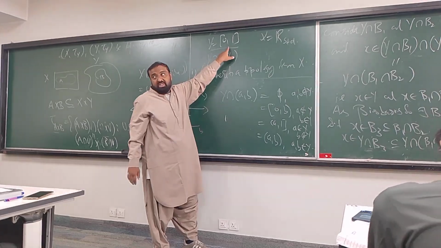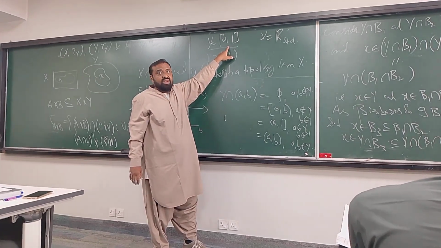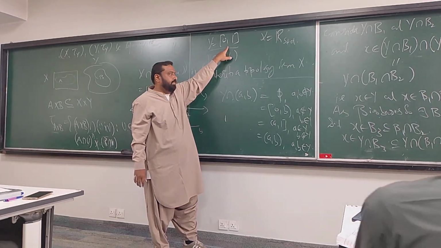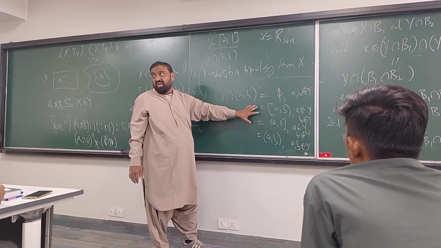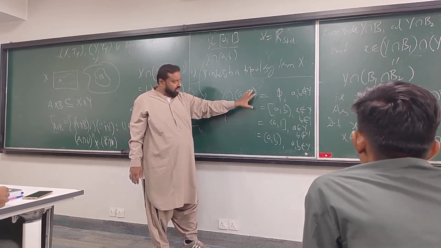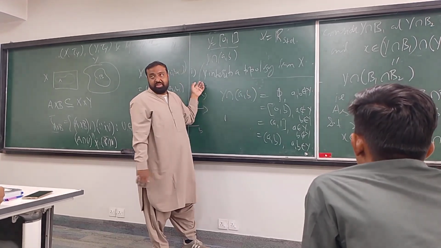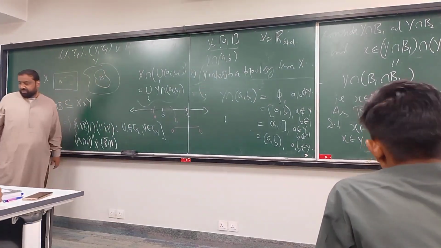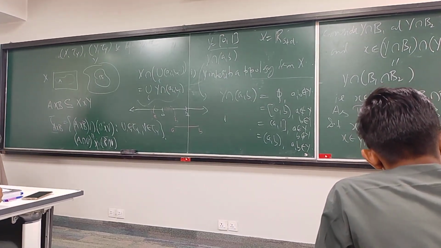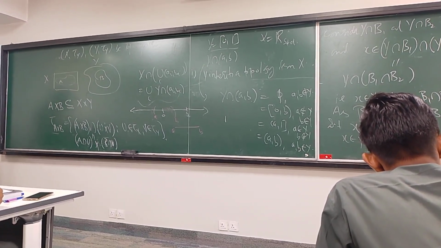But if you take Y to be this closed interval, then all of these sets are open in the subspace topology, but not necessarily open in X, the standard topology.